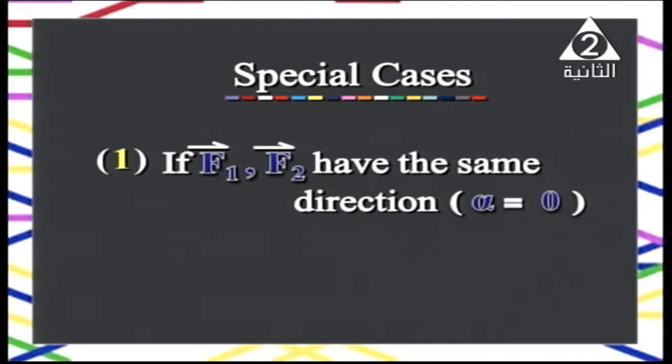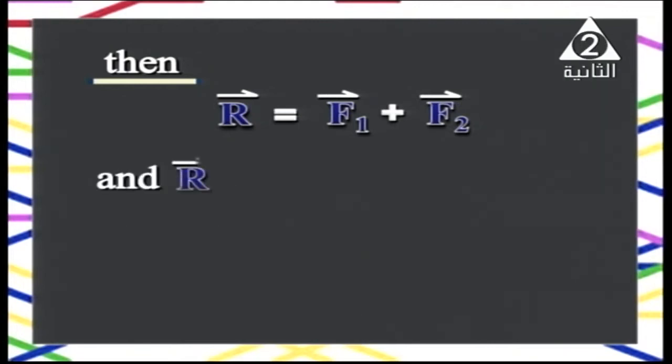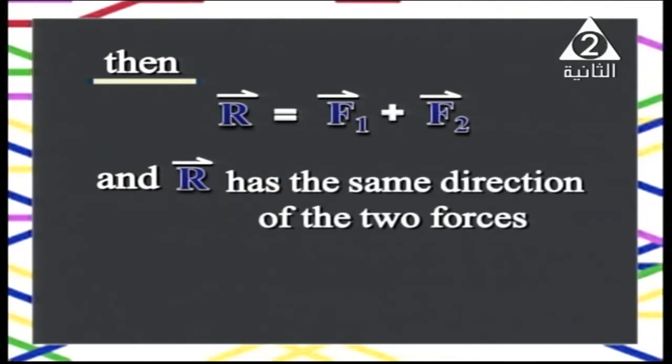Because the two forces have the same direction. Then what do you deduce? The resultant R equals F1 plus F2, and the resultant R has the same direction as the two forces.